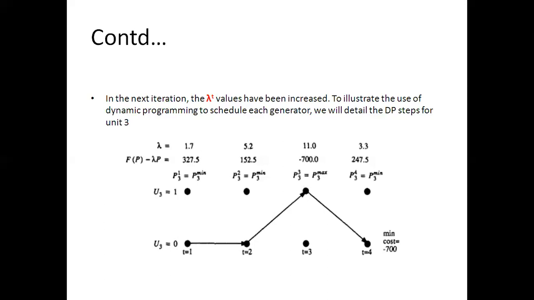Now we will discuss the next table, how we can calculate the value of lambda, how we adjust the value of lambda. That is what we will see now. The optimal value of p depends upon the limits and upon the value of Fp minus lambda p that we have already seen.